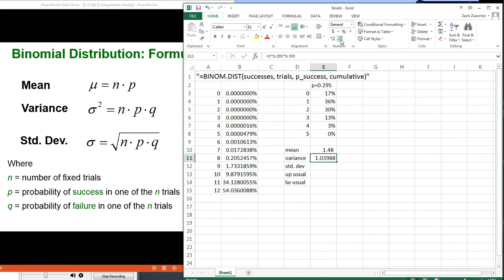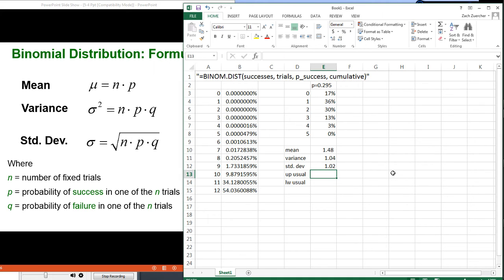Let's get that in alignment with what's right above. This one is 1.04. The standard deviation is going to be equal to the square root of the variance. I'm just going to say whatever we have there in E11. Hit enter. And you have the standard deviation as 1.02.